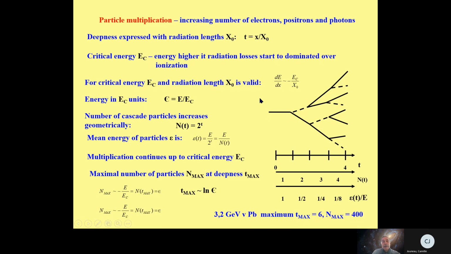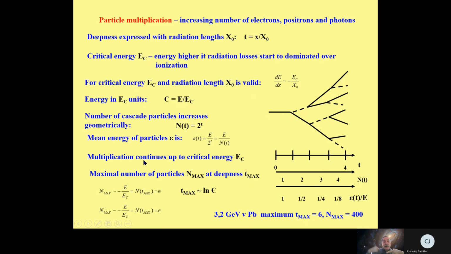You have a relation for the ionization losses. And again, this energy can be shown in a natural unit, which in our case is the critical energy.